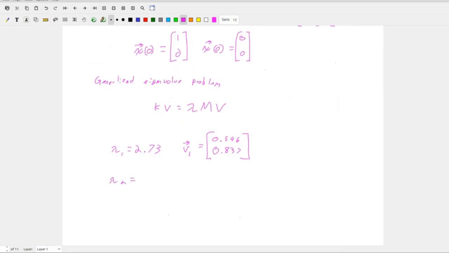Lambda 2 is equal to 6.76. Let's just drop it there. And your second eigenvector is negative 0.15, 0.98. Right?